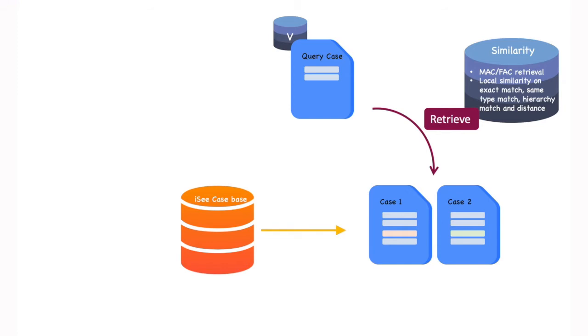The similarity-based retrieval is informed by many are called, few are chosen, and this in turn is empowered by local similarity methods using techniques such as exact match, same type match, hierarchy match, or simple distance-based measures for vectors.